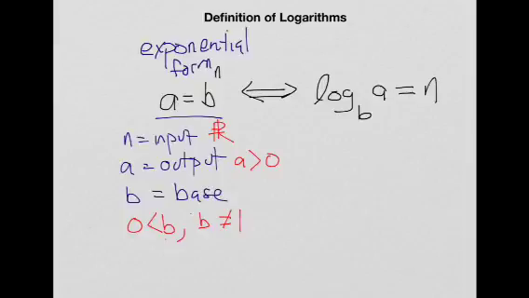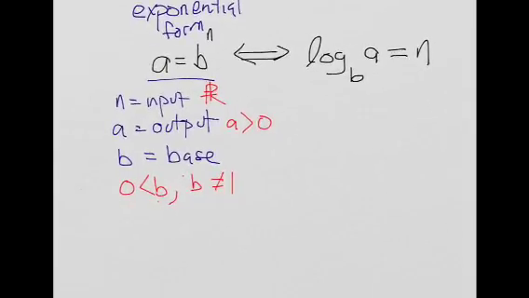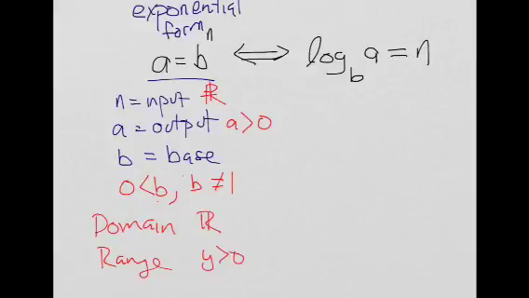So we can use anything we want as an exponent. So, in other words, the domain is all real numbers, but the range is going to be y is always greater than 0.